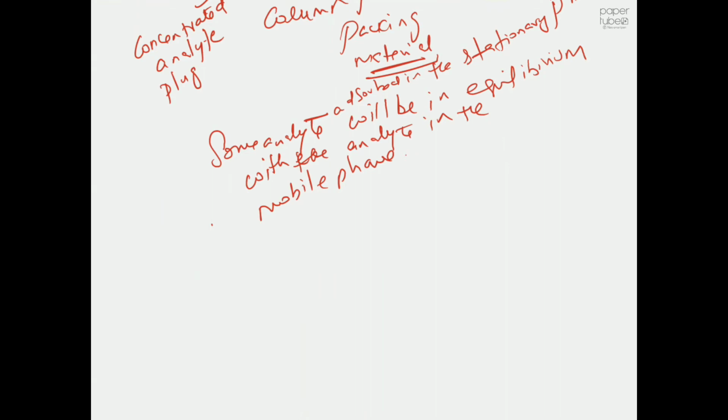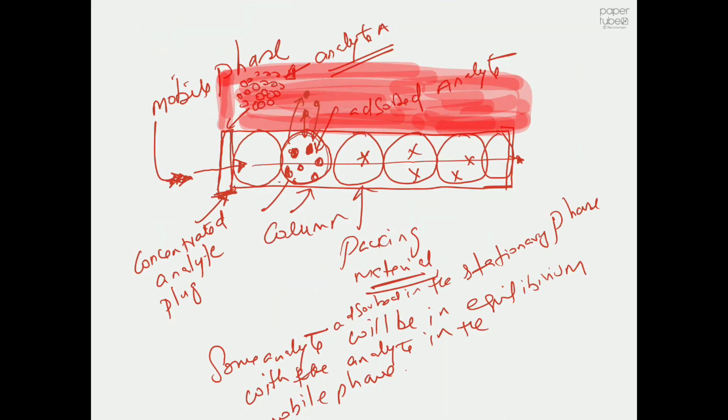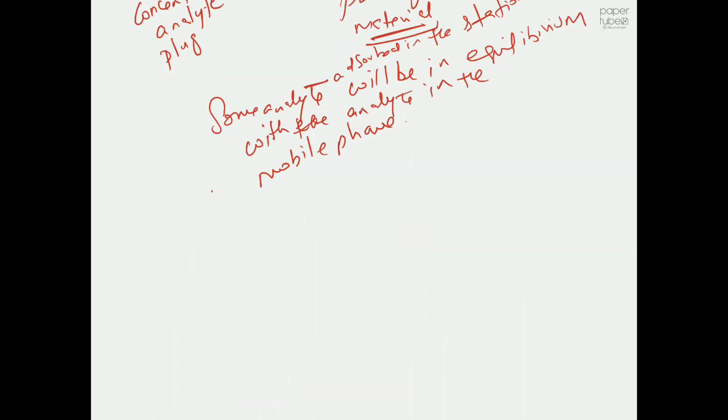So if you want, we can define, say, at this particular particle, or we can call it an equilibrium stage, the concentration of your analyte in the stationary phase will be in equilibrium with the concentration of analyte in the mobile phase.